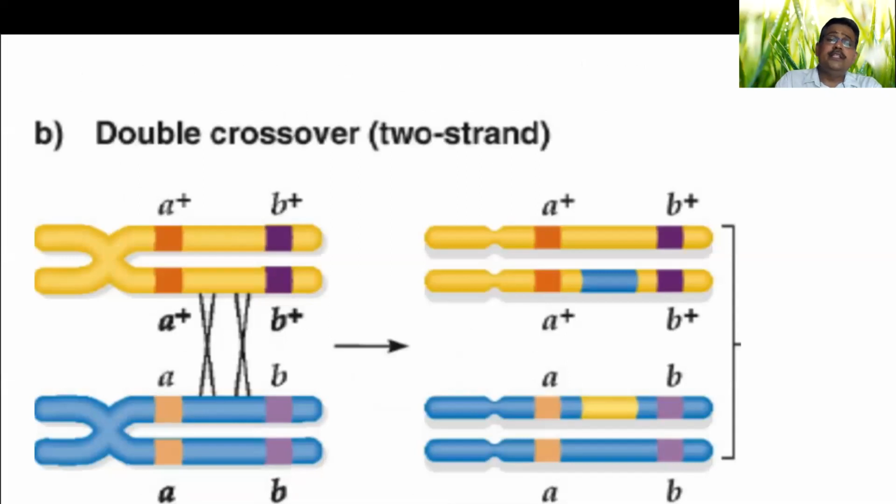Sometimes a double crossover also happens. That is a very small percentage, less than 1%. It is a very rare event, in an even smaller region. In this case, a small piece may be exchanged between these two. For example, the markers A and B remain the same, but only within these two markers a small portion of the chromosome is exchanged.